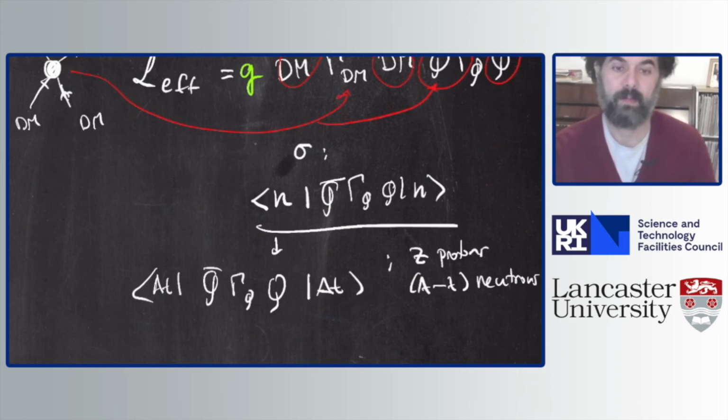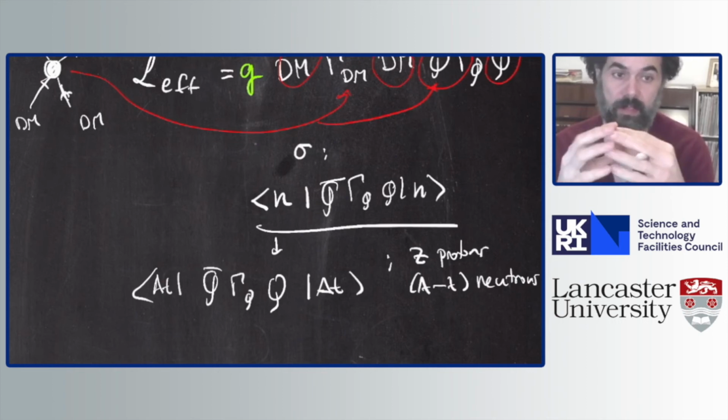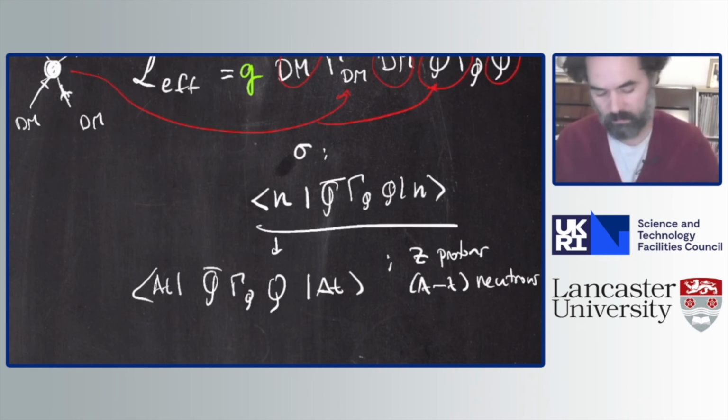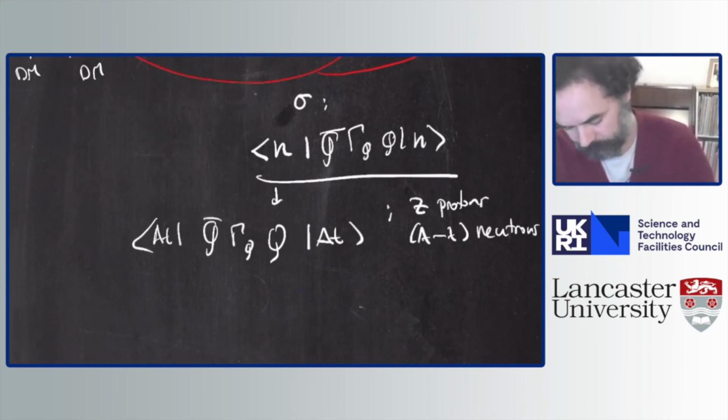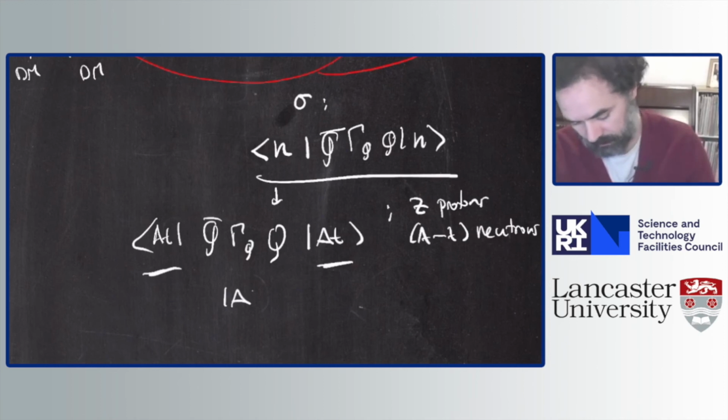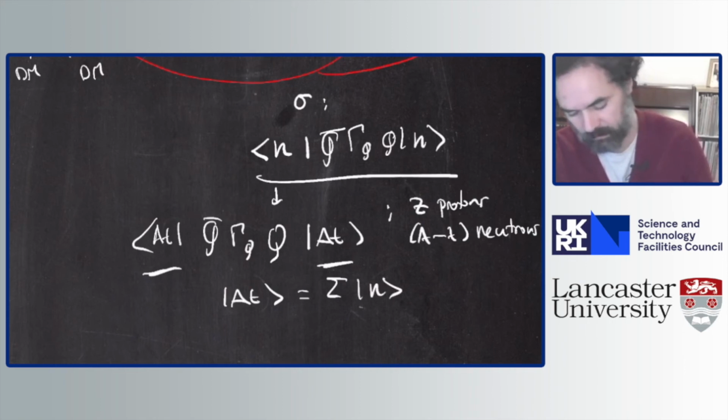Okay, now if the scattering is coherent, all the protons and neutrons inside of this nucleus are going to see the same dark matter particle, and the total matrix element can be formed by taking the atom as a sum of nucleons, and simply using this expression that we have found before.